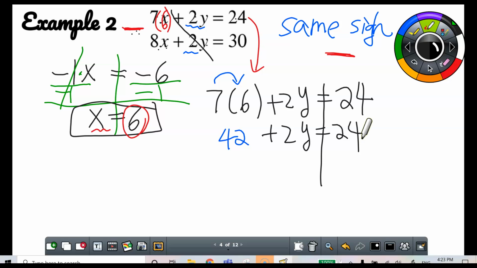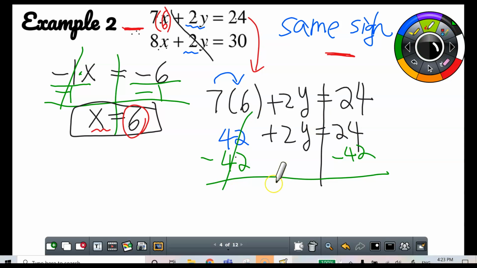Keep solving the equation for y by getting rid of the single number by subtraction. So I have 2y equals -22. Right? Is -18. I'm sorry, I have a calculation problem here.